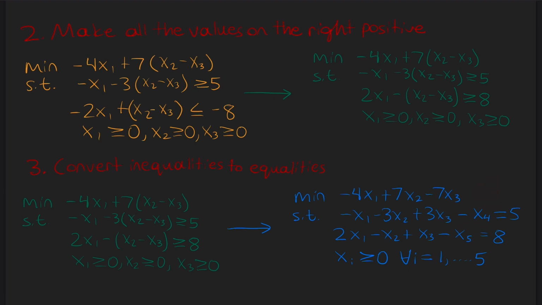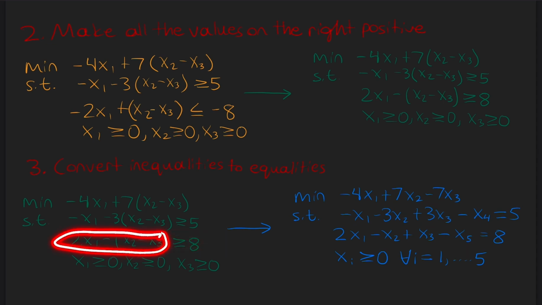And if we say x4 is positive, which we have over here, then when this is bigger than 5, we are subtracting something from something that's bigger than 5 so that it equals 5. And we perform the same thing over here for this constraint.